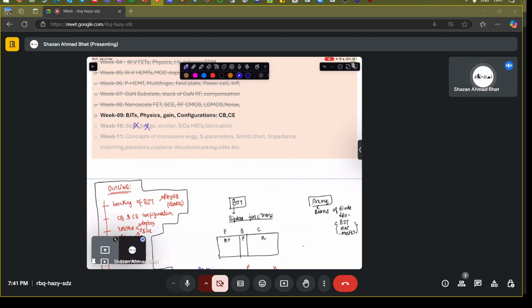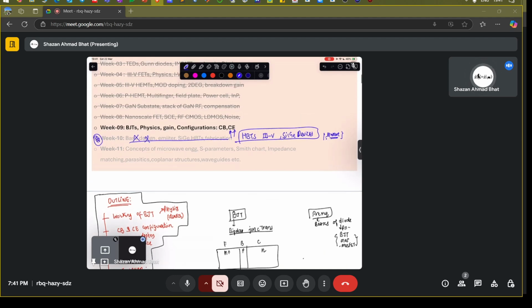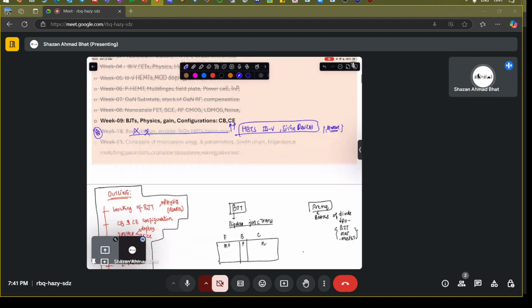So we are going to cover III-V HBTs and silicon germanium devices for high frequency applications. Particularly we are talking about microwave. So we'll be dealing with that in week 10, and then we will be into week 11 and week 12. That will be the end of the course.